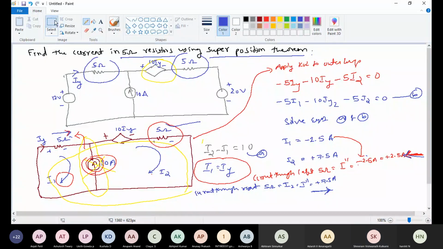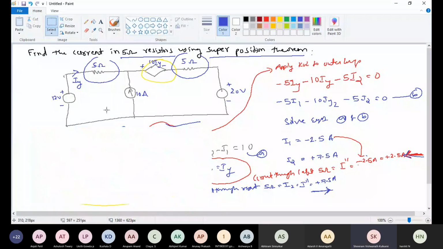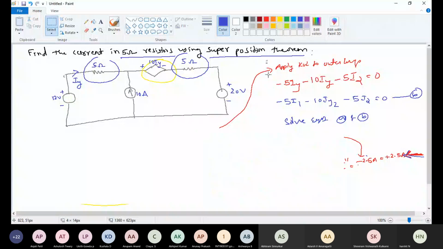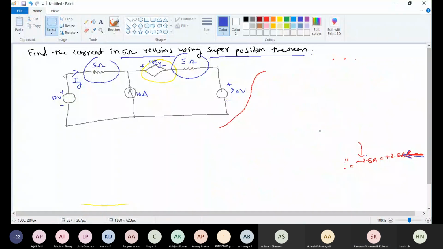See here, if I consider only 20 volt, yeah, now I consider only this 20 volt, then what is the procedure?